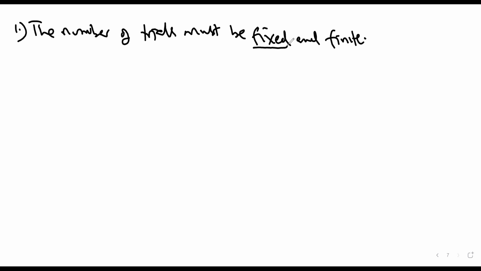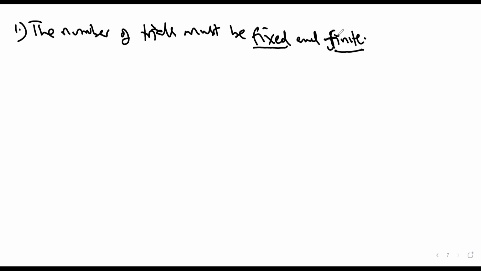So fixed means that you set it in advance. As you start the experiment, you should know in advance how many trials you're going to run. For instance, you may want to say that I'm going to toss the coin 10 times. Then the number of trials also must be finite.